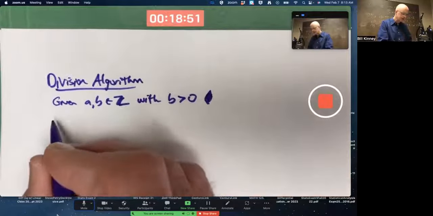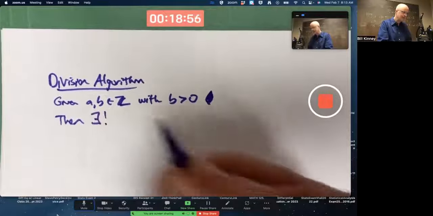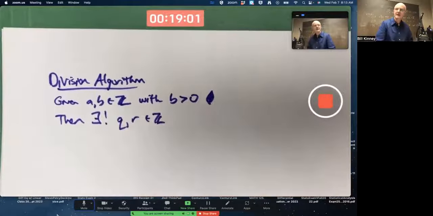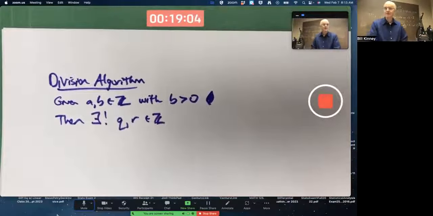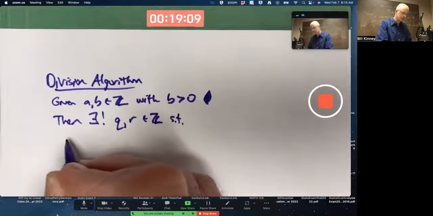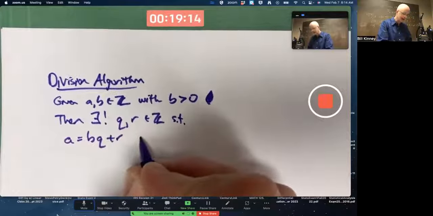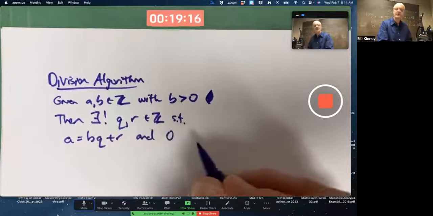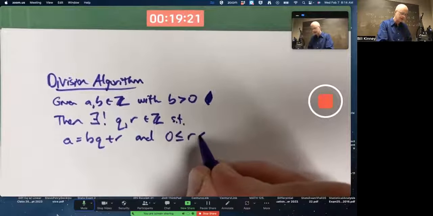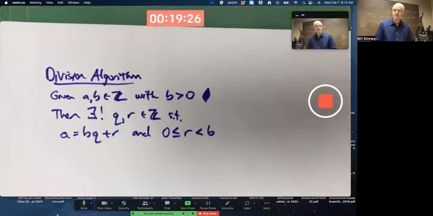The conclusion is, then there exist unique integers, q and r, q standing for quotient and r standing for remainder, such that two conditions hold. a equals bq plus r, and r is between 0 and b, possibly equal to 0, but not equal to b. Both of those conditions are part of the conclusion.